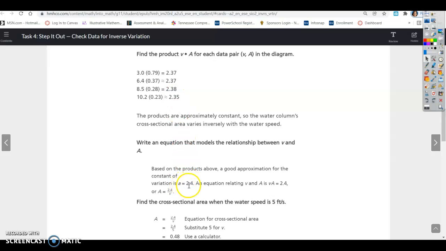So we have V times A equals 2.4. We know this was V and this was A, so all of these are V times A equals 2.4. Then we can write this as A equals 2.4 over V. All they did was divide both sides by V to get A equals 2.4 over V.